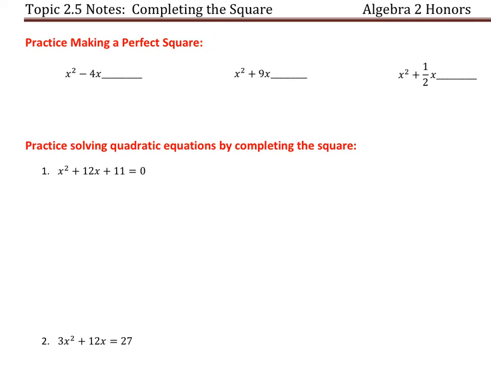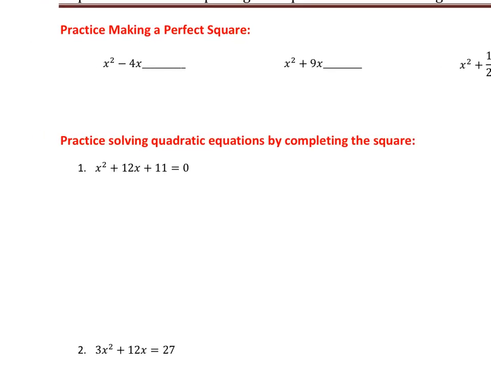What can we add there for our c term that's going to create a perfect square? So what we just observed on the previous page is if we take half of b, b in this case equals negative 4, and I square it, that's going to equal my c.